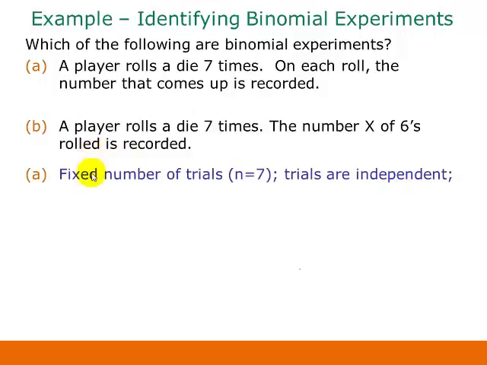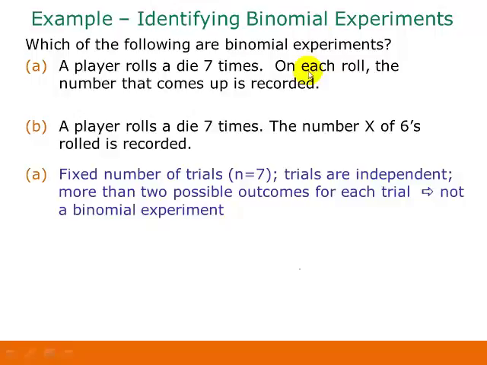Looking at those requirements, we have a fixed number of trials because we already know that the player is going to roll the die 7 times. So our number of trials is 7. Now the trials are independent because each time the player is doing a separate roll. So there's nothing from, say, the first trial that's going to affect any of the later trials. So that requirement is met.